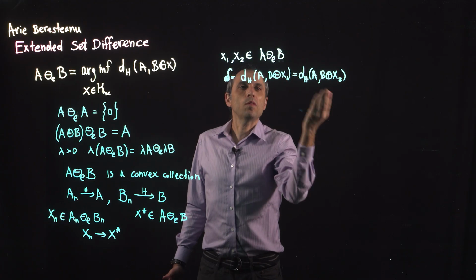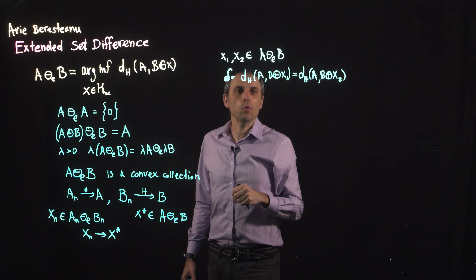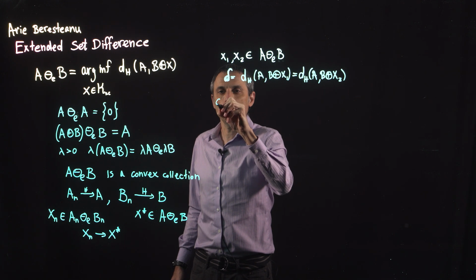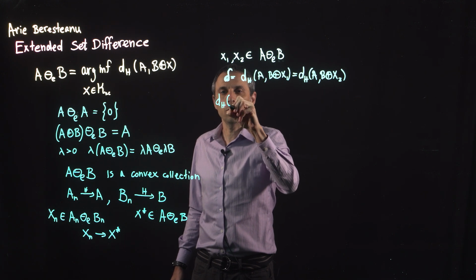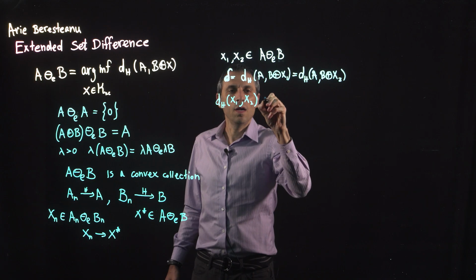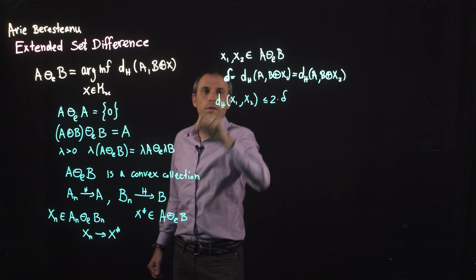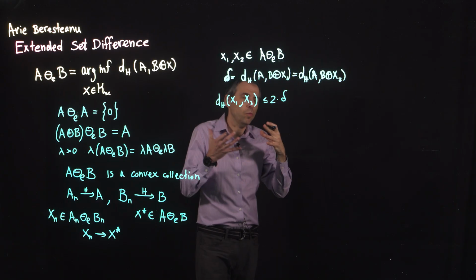Then what's the biggest difference that you can have between two solutions? So the result that we show is that the Hausdorff distance between x1 and x2, any two solutions, cannot be more than 2 times delta. So that's the scope.